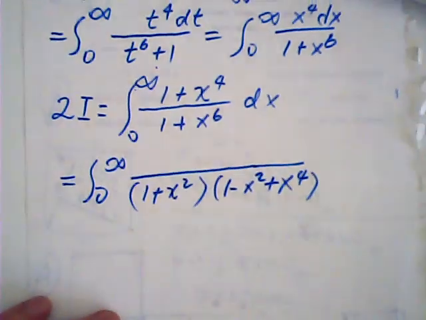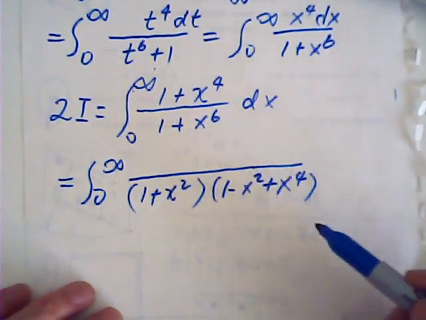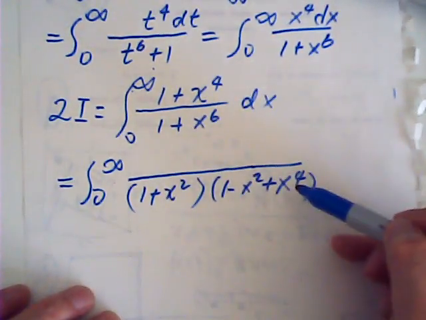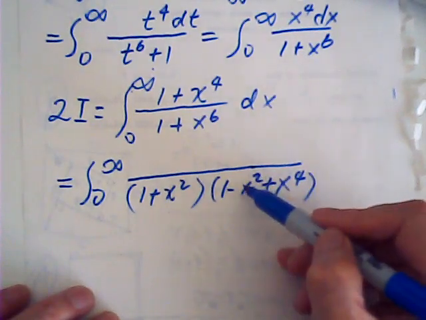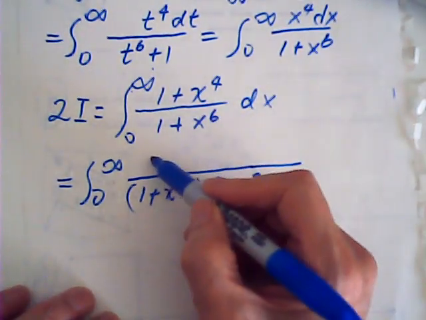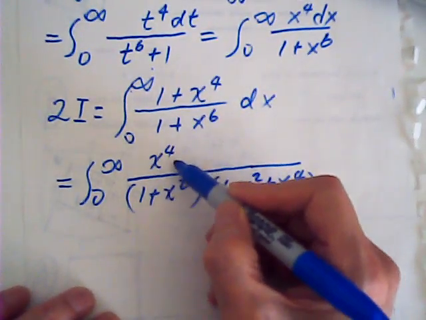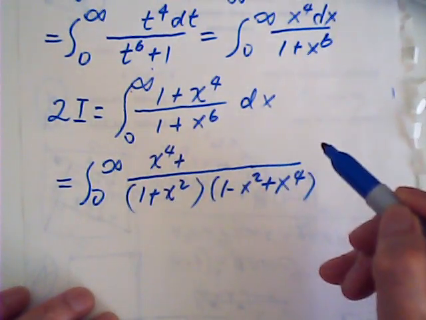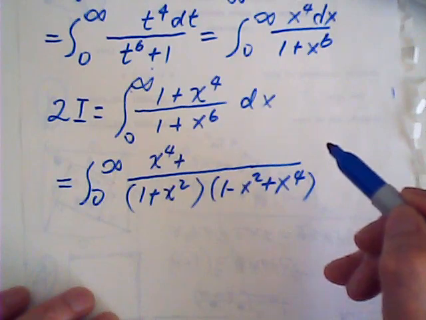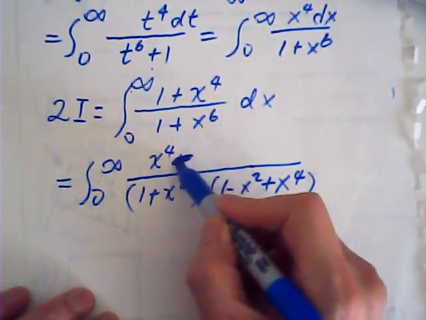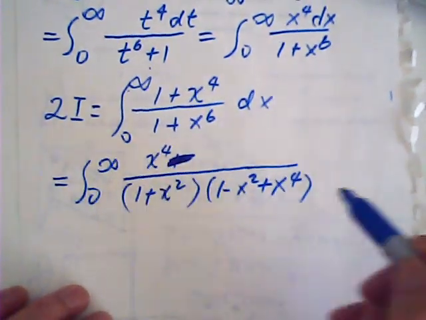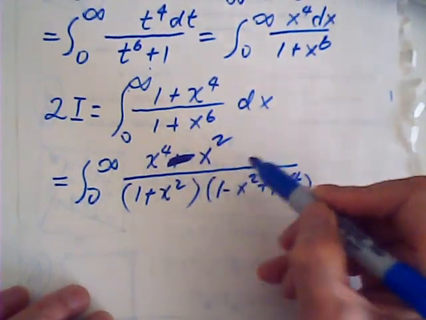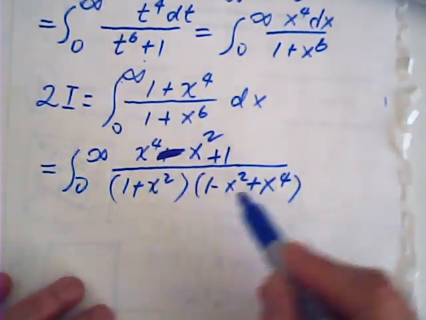Now look at the numerator. I have x 4th. I don't have x squared, but I have 1. Therefore, x 4th minus x squared plus 1.